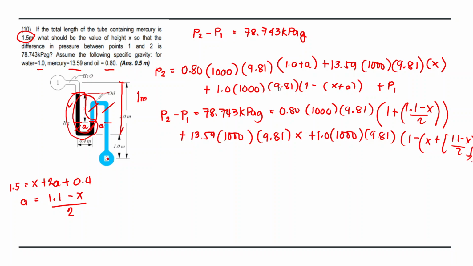So, ayan na siya. Ngayon, itong kPa ay naka-kilopascal, ito is naka-pascal lang. So, ang gawin natin dito, i-multiply natin siya sa 1 kPa times 1,000 pascal, para uniform tayo ng units. So, i-plug in natin yung values and then shift solve. 78.743 times 1,000. Calculate lang natin.